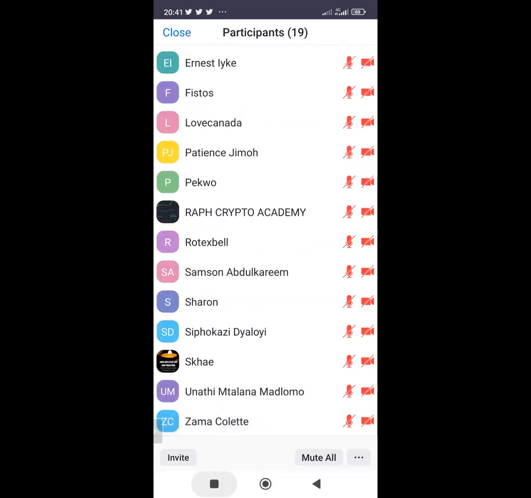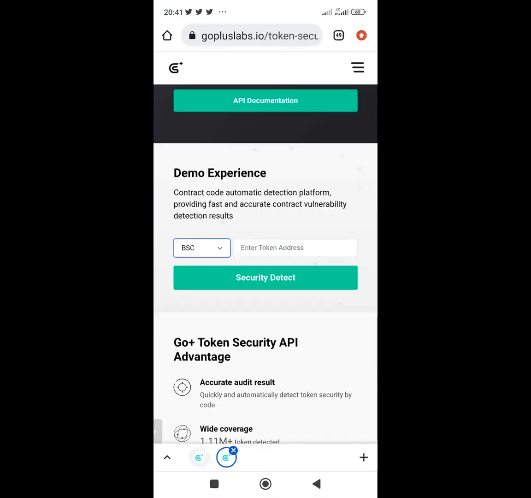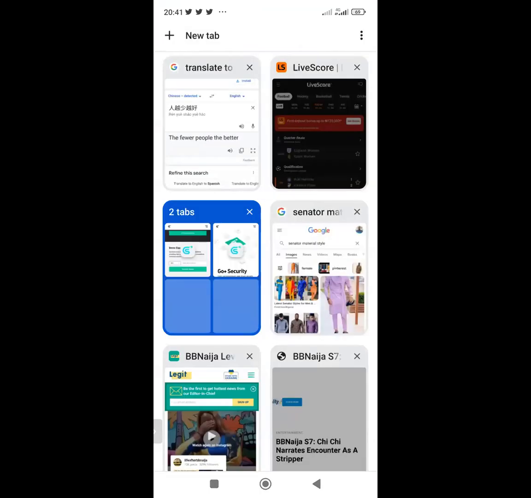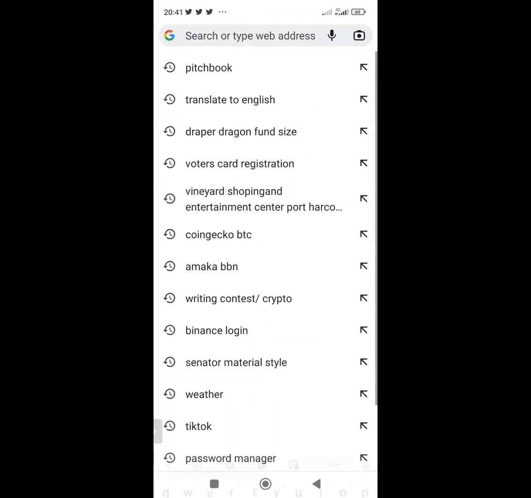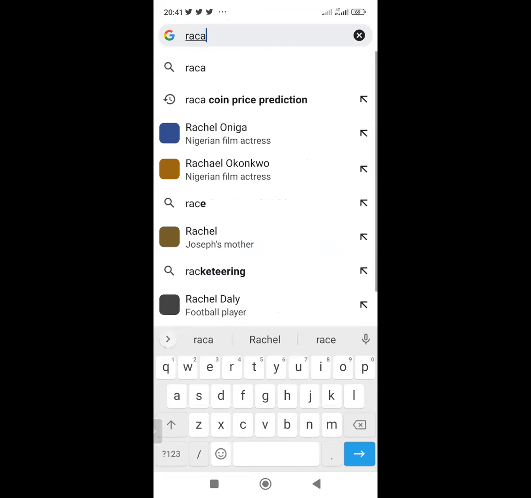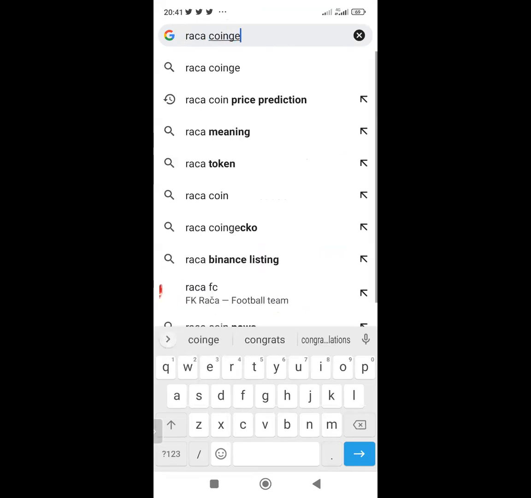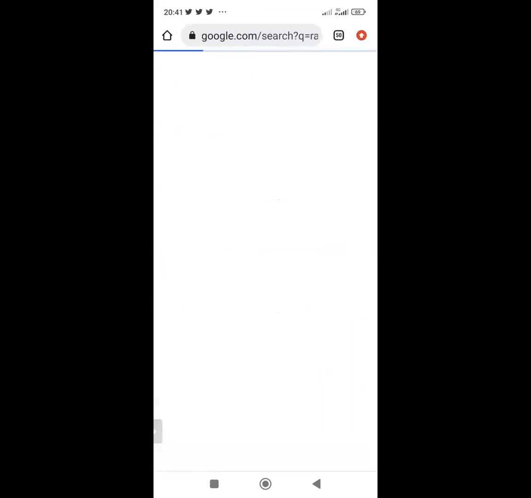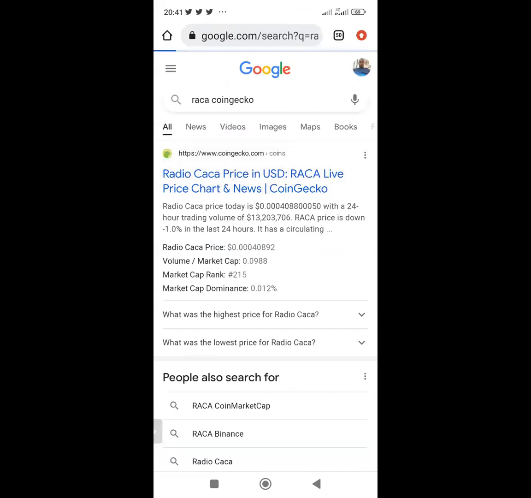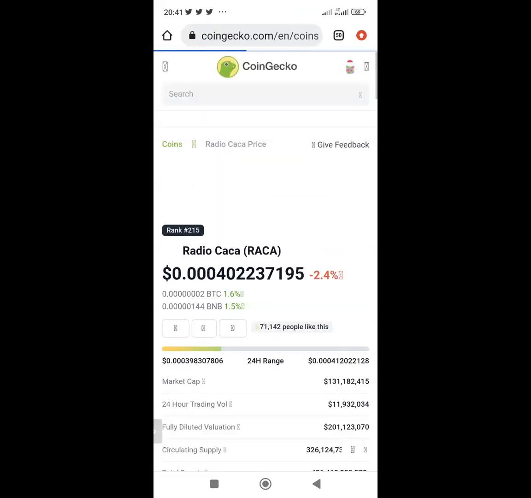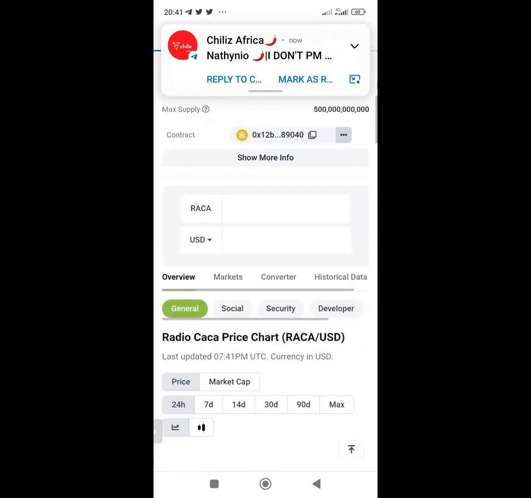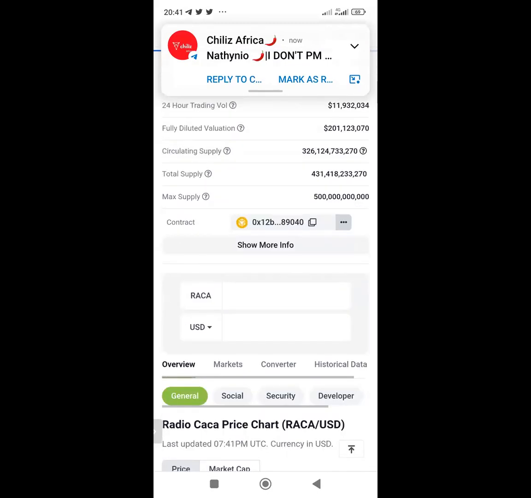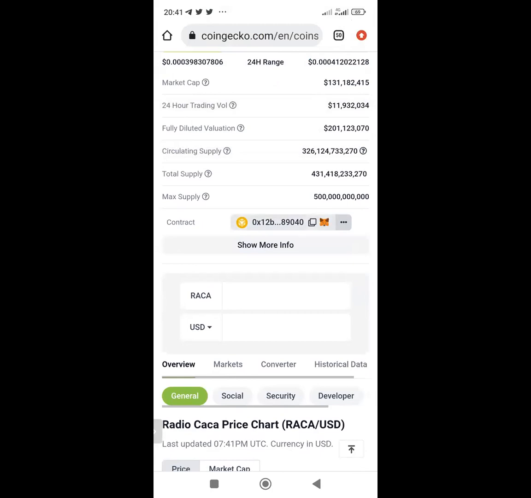Okay, let me show you something. Let me do it. I'm going to add this RCA, CoinGecko. RCA. I'm going to do this contract. Can you see contract there? Yes.